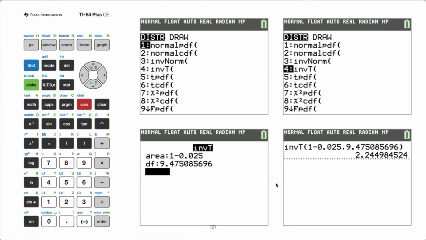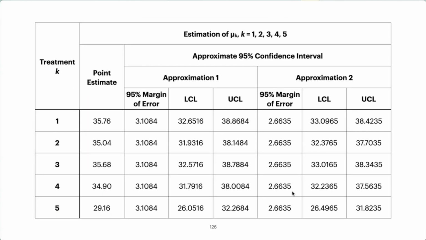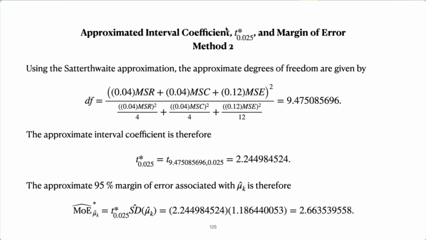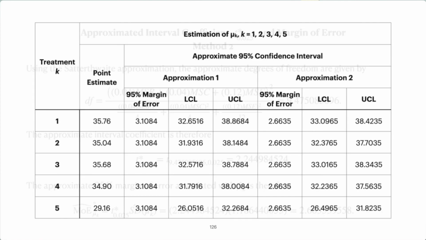Okay, now I wanted to show you here how I came up with the interval coefficient for approximation method 2, Satterthwaite's approximation. All right, we first approximated the number of degrees of freedom, and if I go back here to method 2, approximation method 2, we see that this was the approximated number of degrees of freedom, 9.475085696.